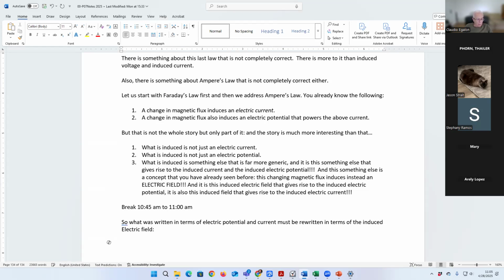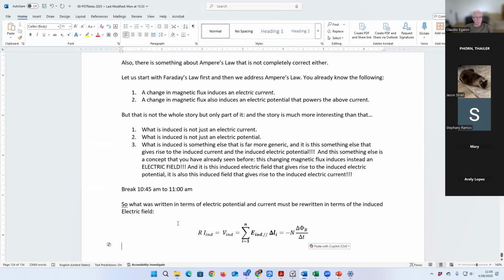And the way we write that is like that. Okay? This is a more generic format of Faraday's law.